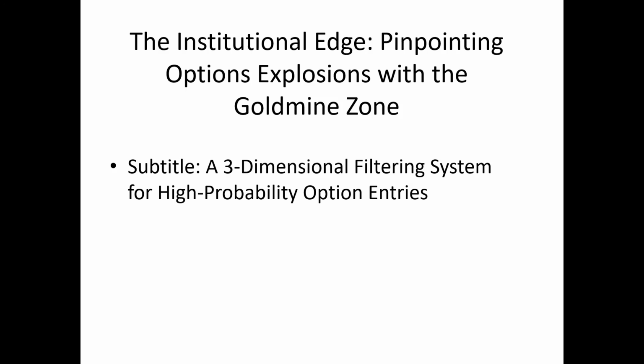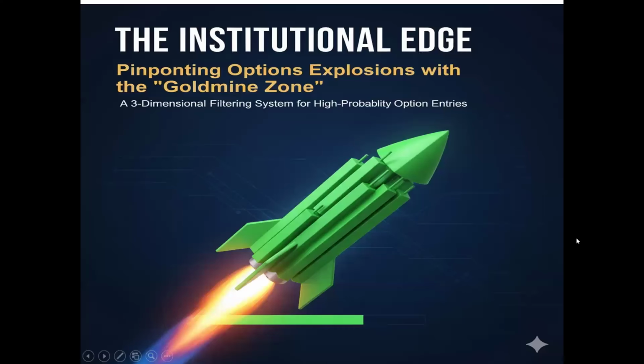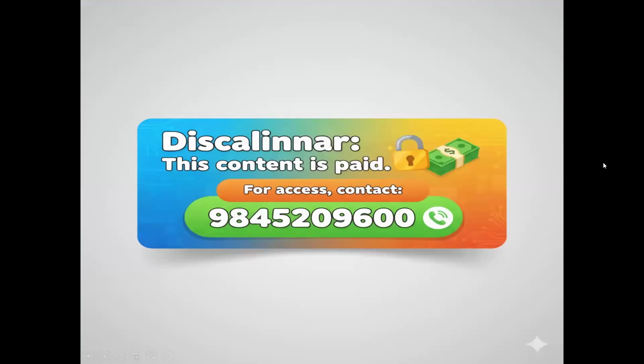So you need a three-dimensional filtering system for high probability option entries. Why? Because this gives you an institutional edge, pinpointing options explosions with the gold mine zone, a three-dimensional filtering system for high probability option entries.